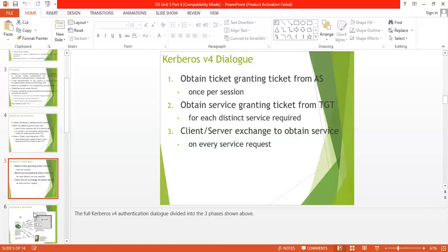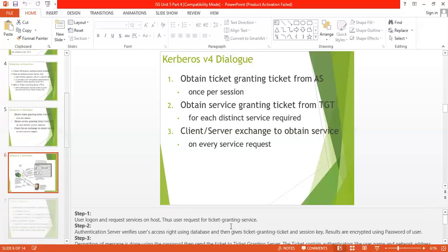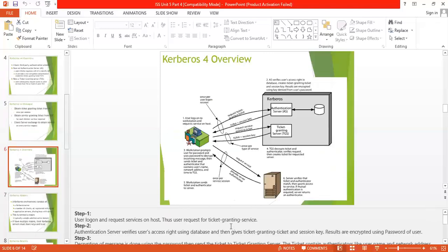And this diagram shows the basic overview of Kerberos version 4, how the client communicates with the authentication server and the ticket granting server, and after this, how it communicates with the main server. So first of all, in step 1, the user logs on and requests service on the host.